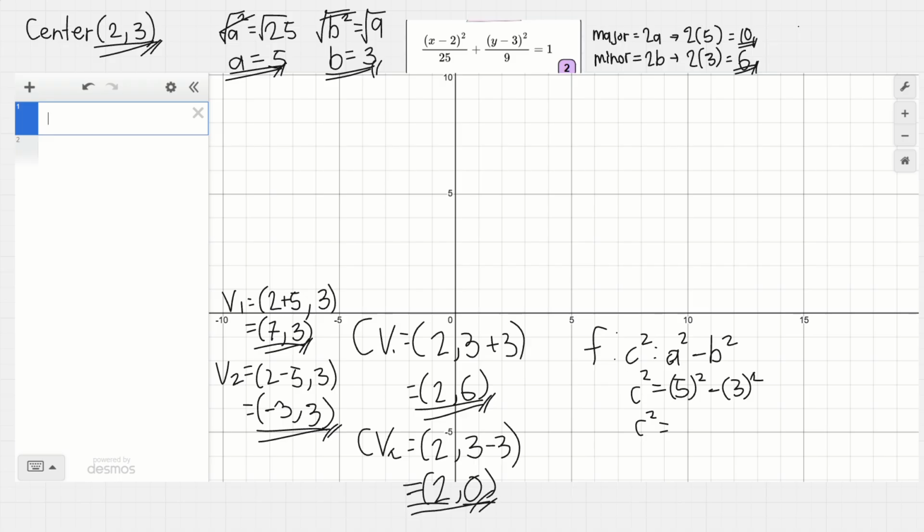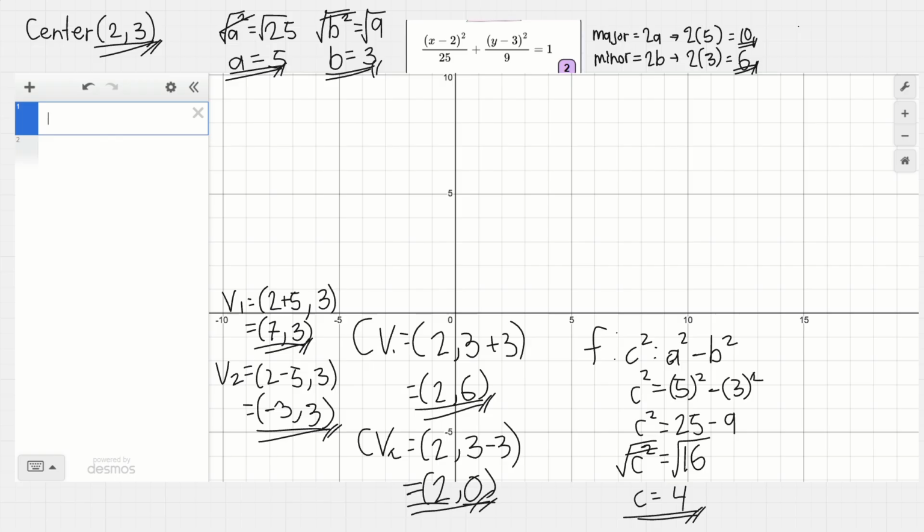Now let's simplify. 5 times 5 is 25, minus 3 times 3 is 9. C squared equals 25 minus 9, which is 16. Now let's get rid of the square by using the square root on both sides. C equals 4. So this will be our c value for the foci.